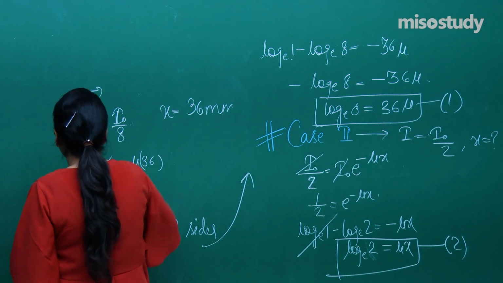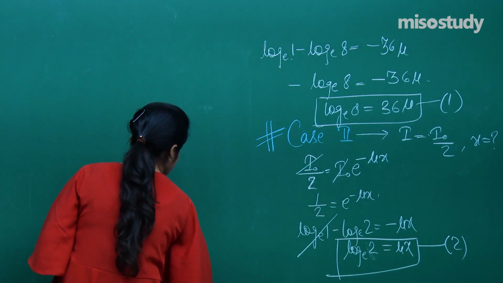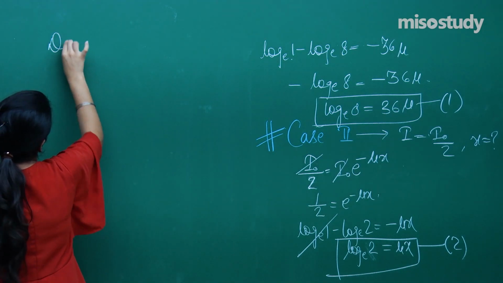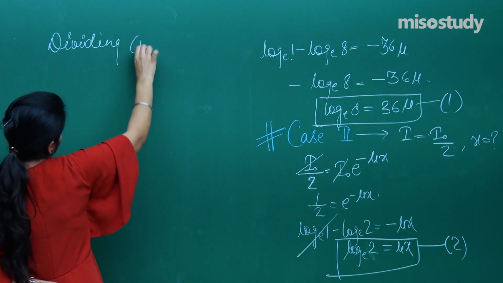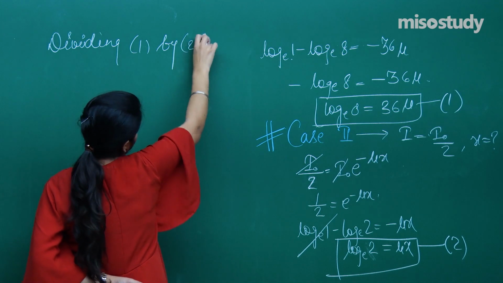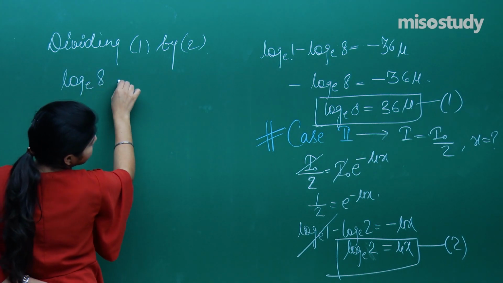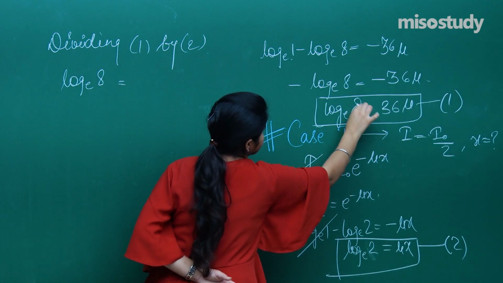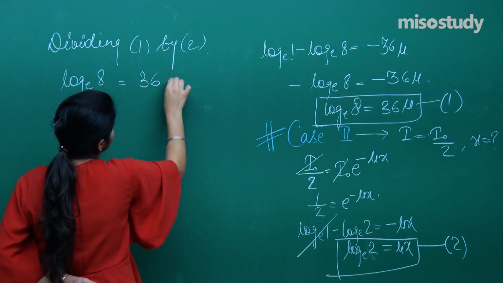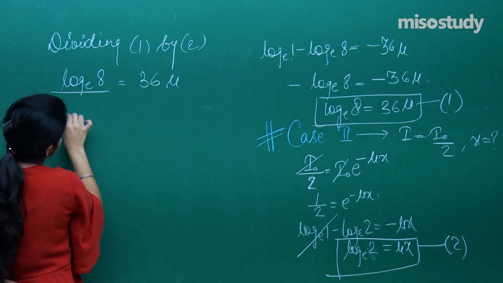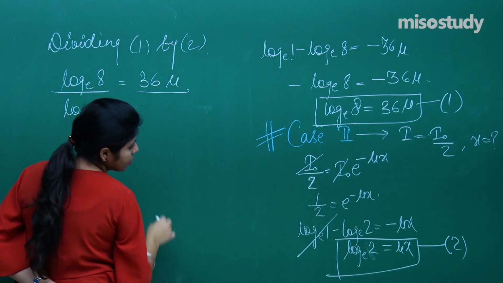Let me do it here. Dividing equation 1 by 2, you will have log e base 8 upon log e base 2, equals 36 mu divided by mu x.